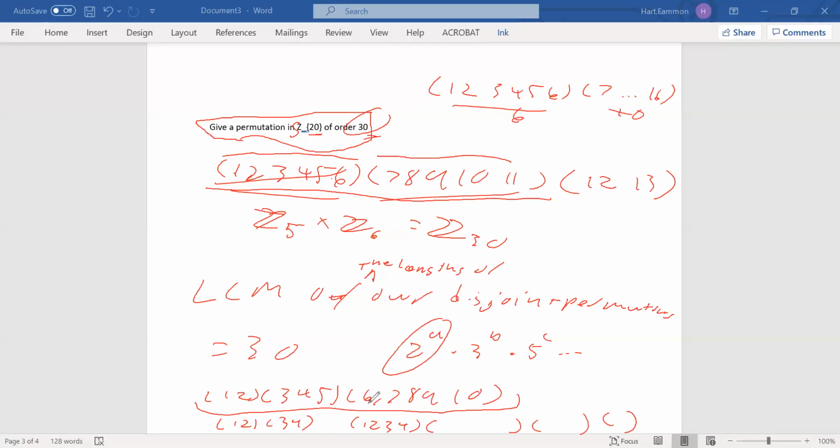And also, obviously, the elements of these different cycles have to be disjoint. Does that make sense? Cool.